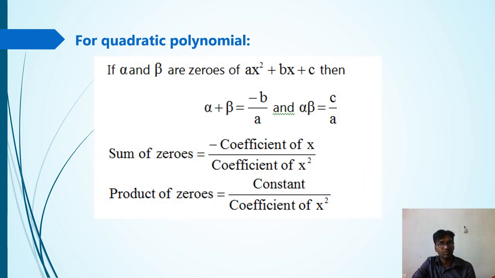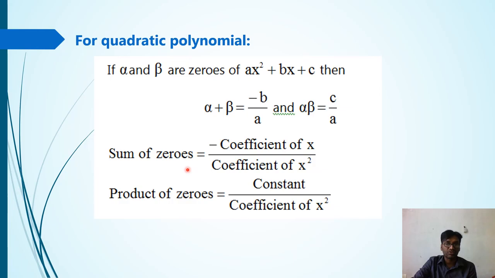For quadratic polynomial, if alpha and beta are zeros of ax square plus bx plus c, then alpha plus beta is equal to minus b by a and alpha beta is equal to c by a. So alpha plus beta is nothing but sum of zeros. Alpha beta is nothing but product of zeros. These two equations can be written like this also.